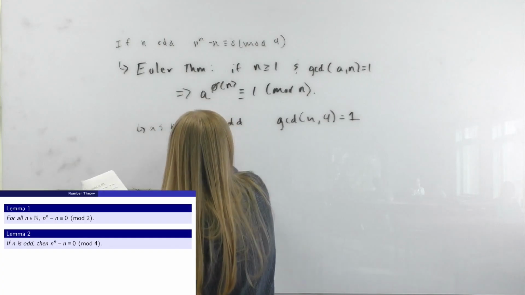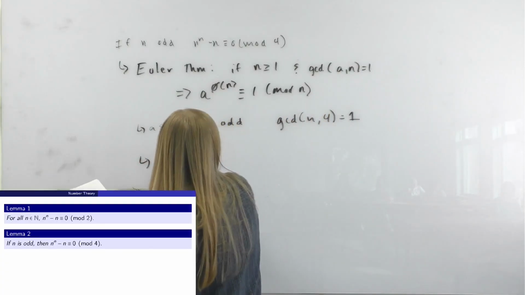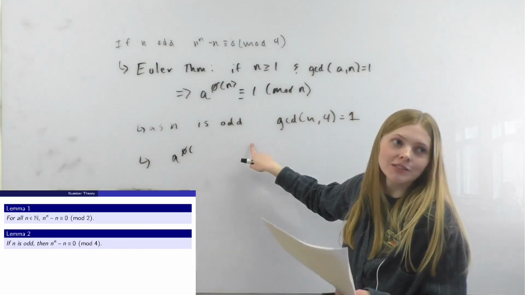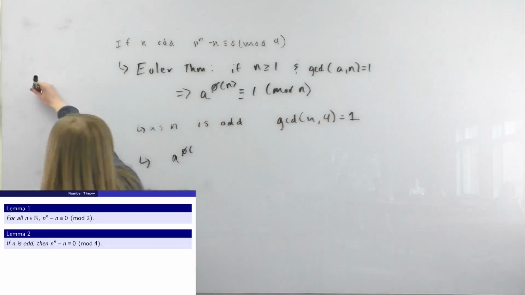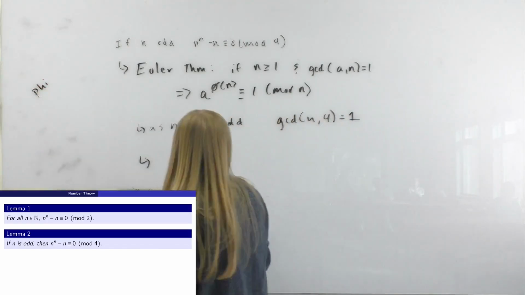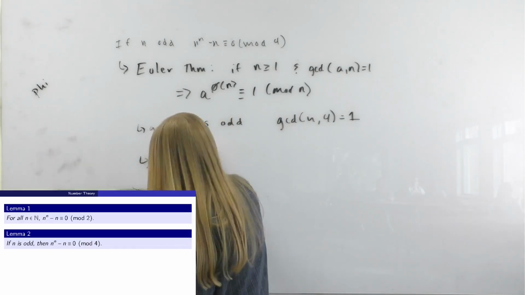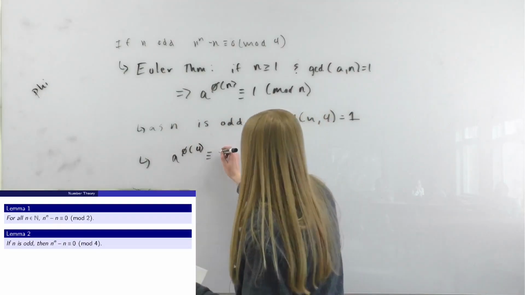In terms of using our theorem here, we have a to the phi of 4.